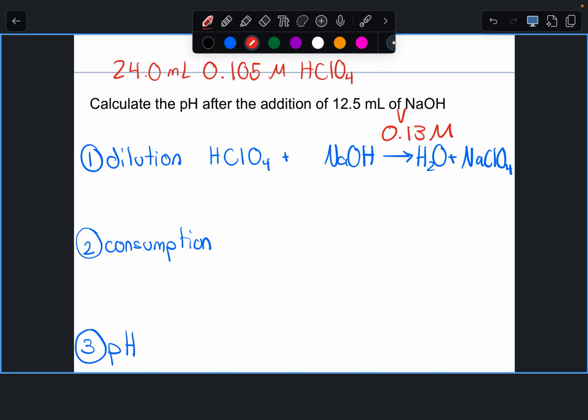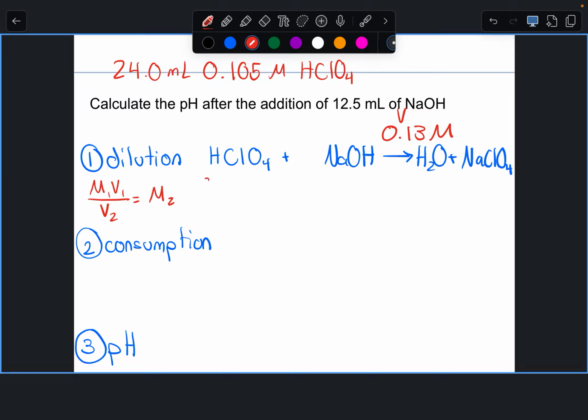All right, so steps: you're going to do the dilution first, then you're going to do the consumption step and figure out what the final amounts are. So I'll work through that up here. Remember, for these dilutions, if you're adding two volumes, which in the titrations you always will be, you're going to be doing M1V1 over V2 to find that new molarity, V2 being the total volume.